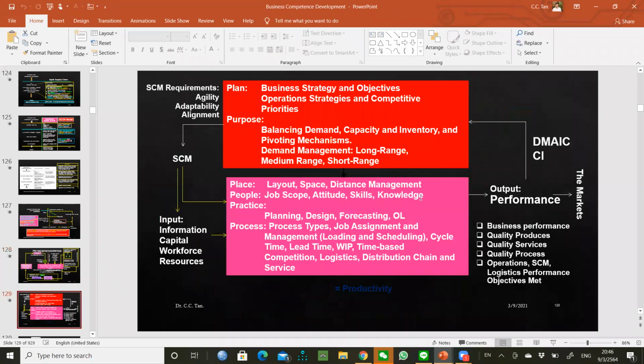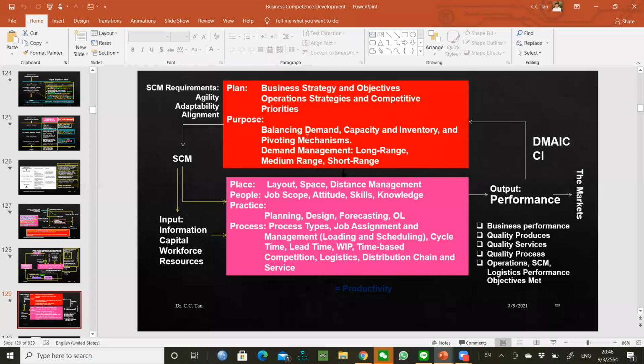And it's just another manifestation of your 5S, which is input, process, output, in a cyclical sense. So we have the planning and the purpose, right?